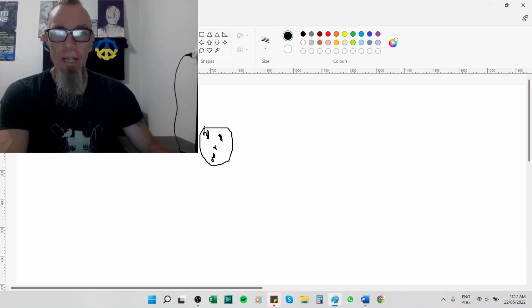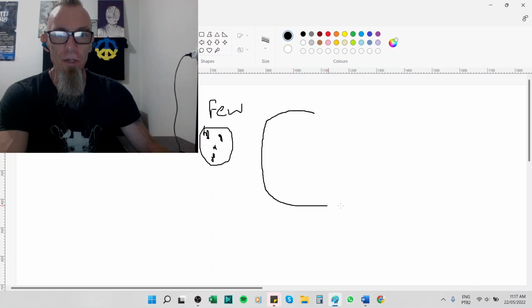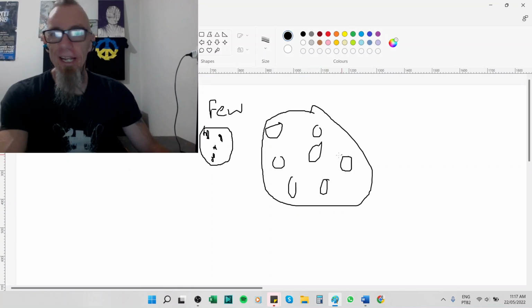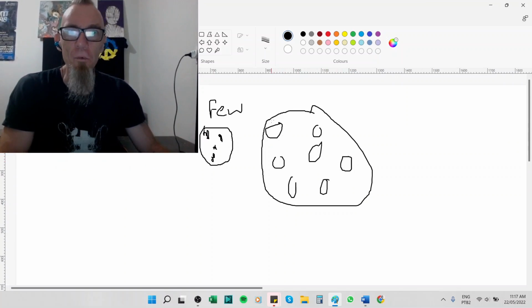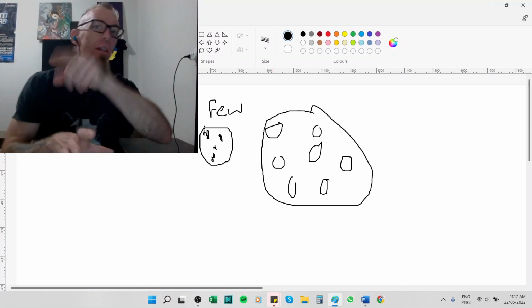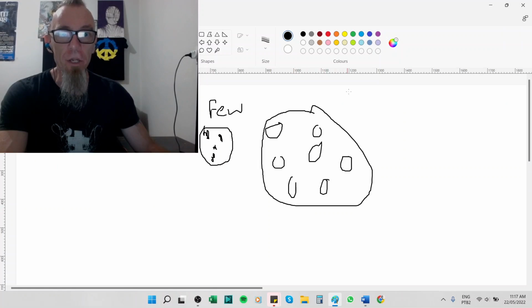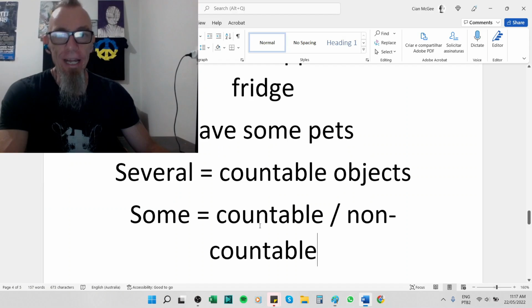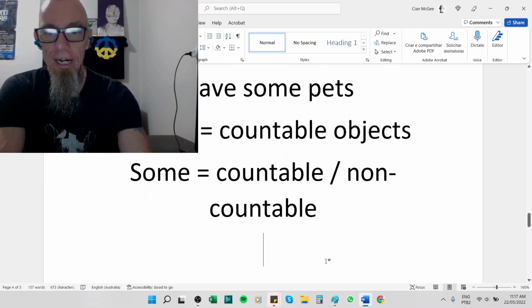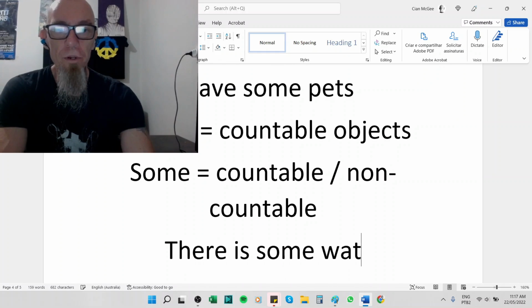So if this is the size of a few, then some is more like this size here. And it can be countable. For example, it can be about 7 of something. So several is where you actually have to stop, look, and count. Or it can just be the volume, like non-countable things: there is some water in the fridge.